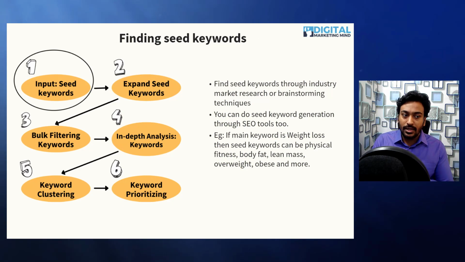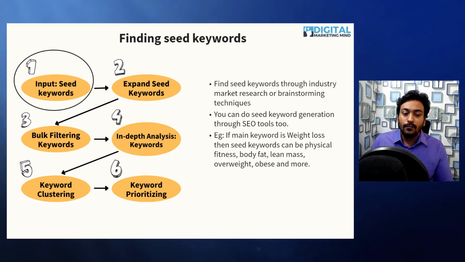Now the first step is finding seed keywords, where we find seed keywords through industry market research or brainstorming techniques, as I mentioned in my previous video. You can also do seed keyword generation through SEO tools, because most SEO tools now come with this kind of functionality to give you ideas on topics.